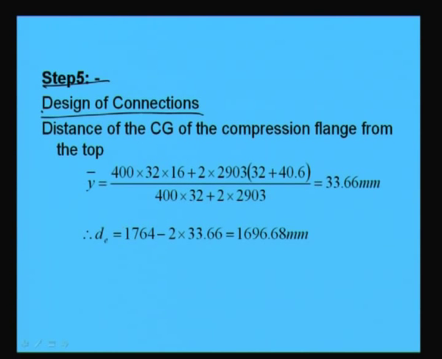Now, for that we need to know the distance of the CG of the compression flange from the top. So, distance of CG of the compression flange from the top. Now, if we see this plate girder, what will be the distance of the CG of the compression flange from the top?